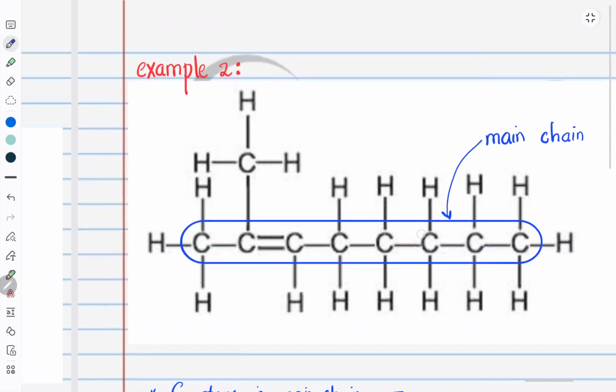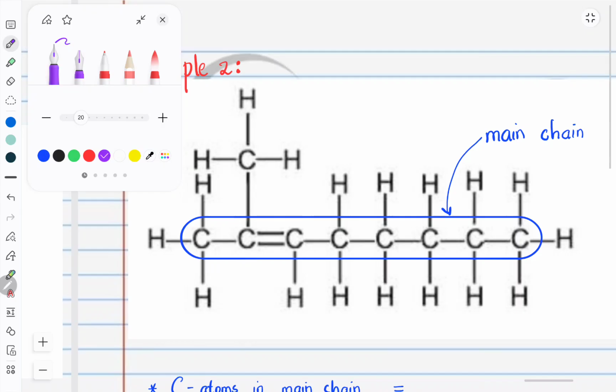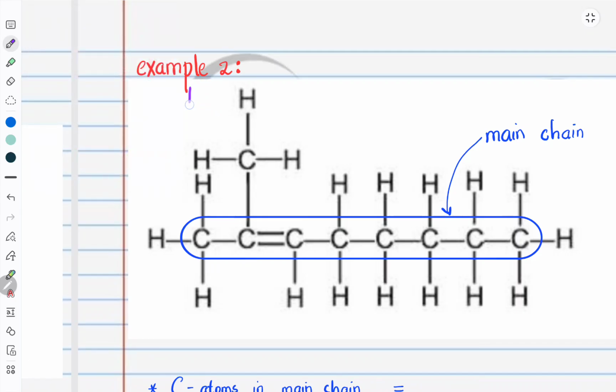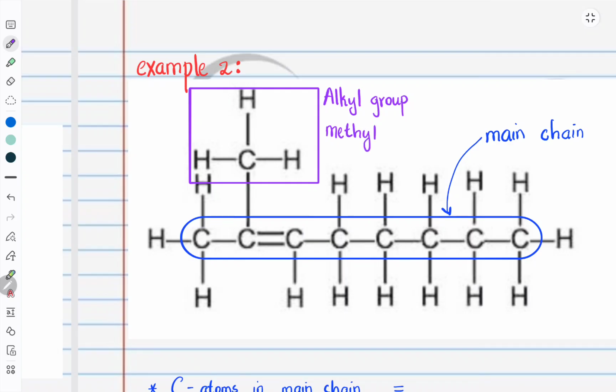And then now we can see something outside the main chain. Remember what we always call them, an alkyl group or a substituent. So this is an alkyl group. And what is the name of this alkyl group? Since it has 1 carbon atom, it's called methyl. It's an alkyl group called a methyl group.